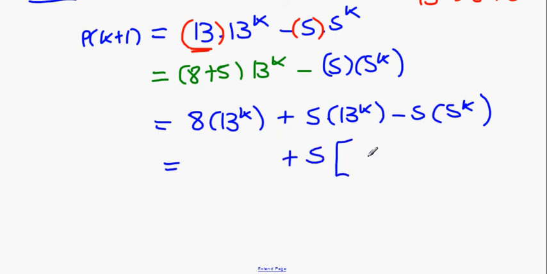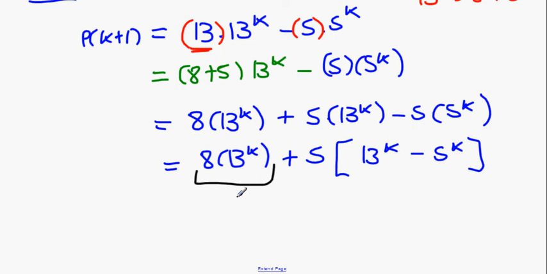So we have 5 bracket 13 to the power of k minus 5 to the power of k, and we have 8 times 13 to the power of k. Now, this part here is divisible by 8, because 8 divided by 8 equals 1.